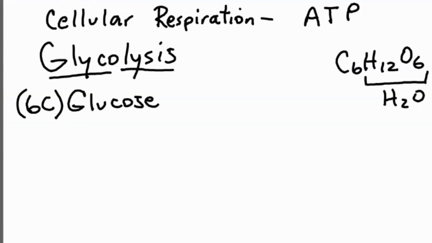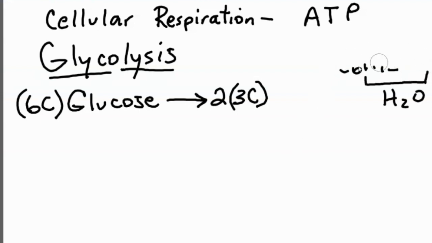Well, in glycolysis, what the cell is going to do is break down that 6-carbon molecule and turn it into 2 3-carbon molecules. Now, we don't need that in our notes, so I'm just going to erase because I need the room.